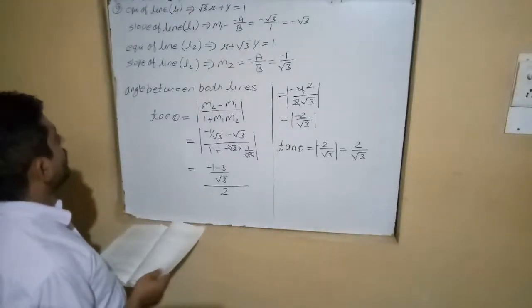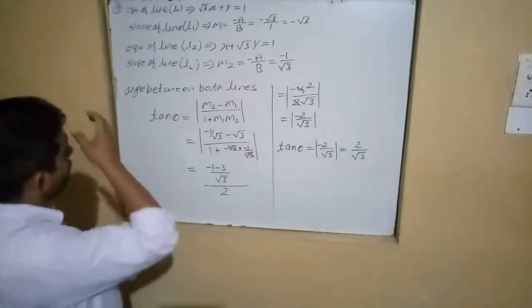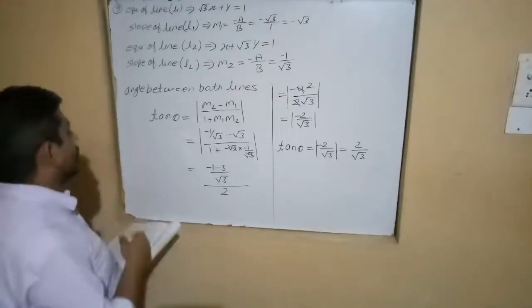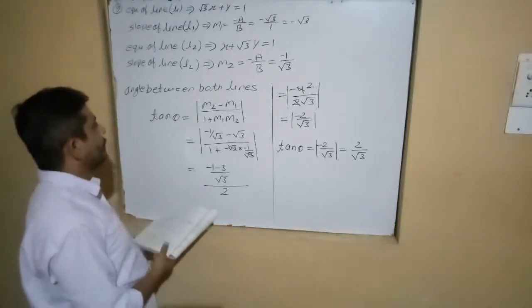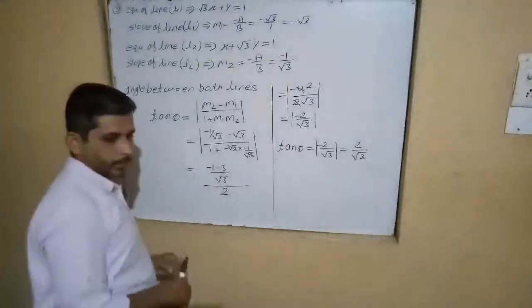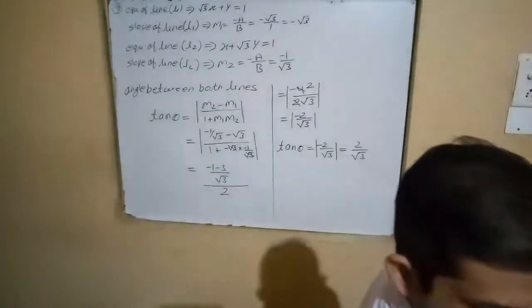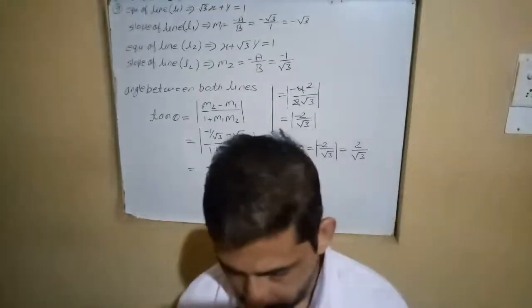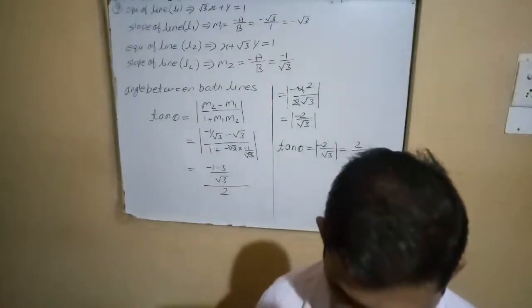So minus a upon b, minus a upon b. m2 minus m1 upon x2 minus x1. Where is the book?